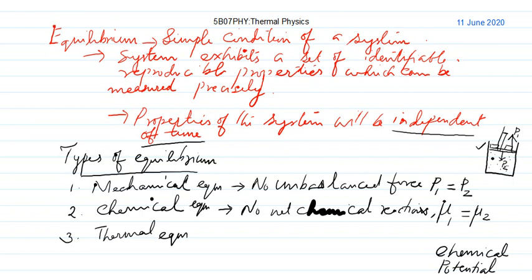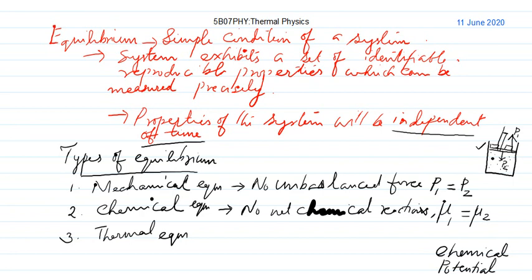It is very similar to the role of concentration gradient in the process of osmosis. When the chemical potential on one side is equal to the chemical potential on the other side, there won't be any more net transfer of particles from one system to the other and vice versa. So that's the meaning of chemical equilibrium.